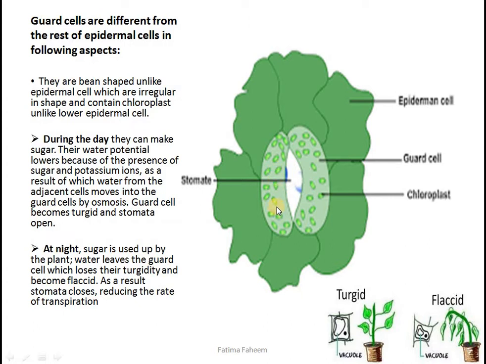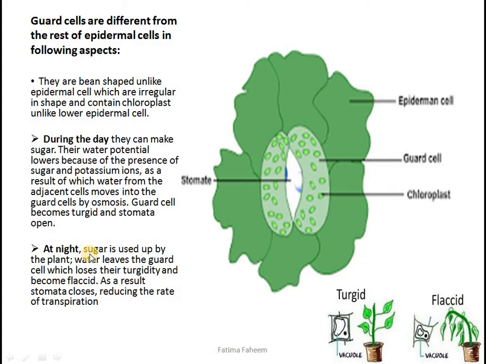So what is acting as solute here? It's the glucose which is formed because of photosynthesis, and potassium ions which are already present in the guard cells in higher amount compared to the other lower epidermal cells. So you see, in the daytime the stomata are usually open because guard cells are turgid during the daytime.